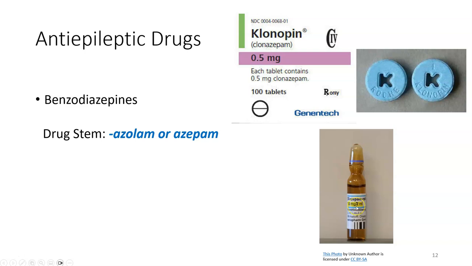Now, the injectable diazepam is here, but diazepam also comes as a nasal spray or can be administered through an atomized nasal administration. The brand name of the nasal spray is Valtoco.